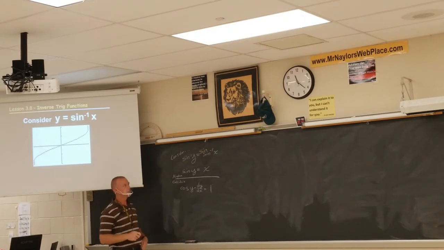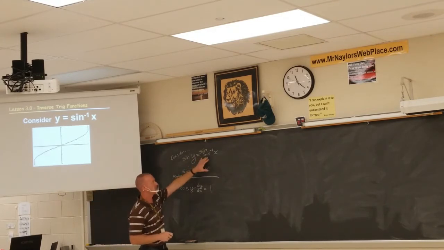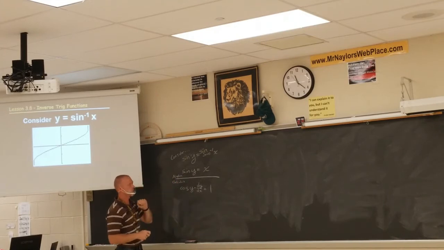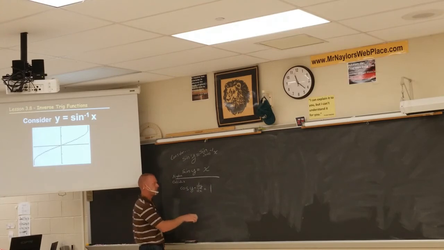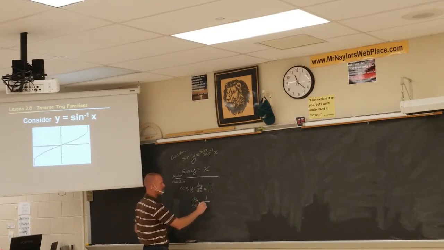We're doing the derivative of y equals the inverse sine of x, but we did it implicitly because we changed the equation to be sine of y equals x. Now I just did the derivative, and now we can solve for dy dx. You can divide both sides by cosine of y.